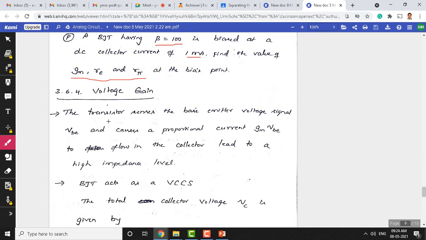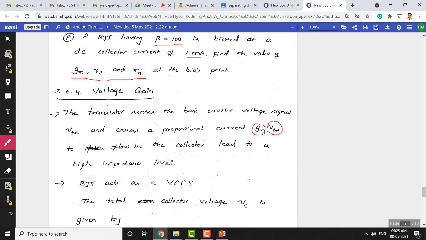Okay. The transistor senses the base emitter voltage signal, which is VBE. This is the signal we apply at the base and emitter of an amplifier circuit, and this causes a collector current which is proportional to gm times VBE. This is the transistor behavior.